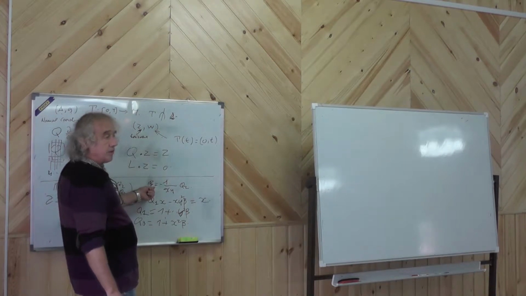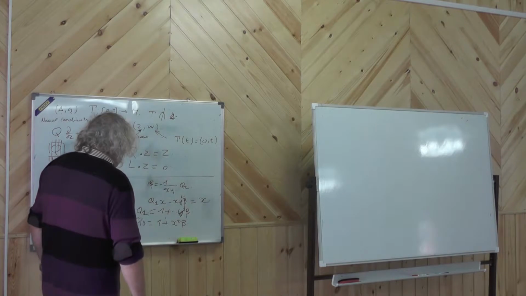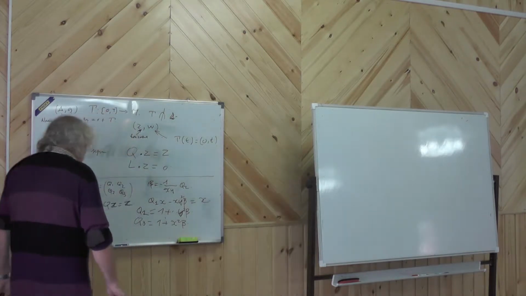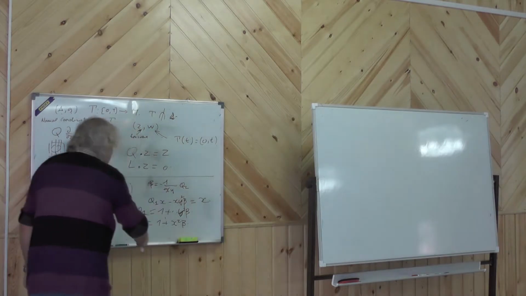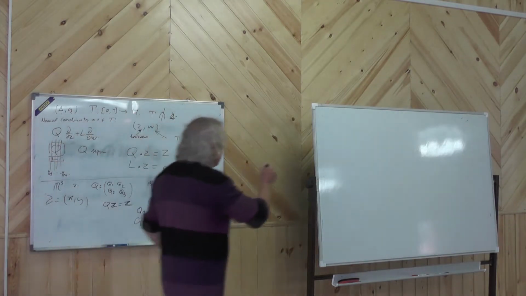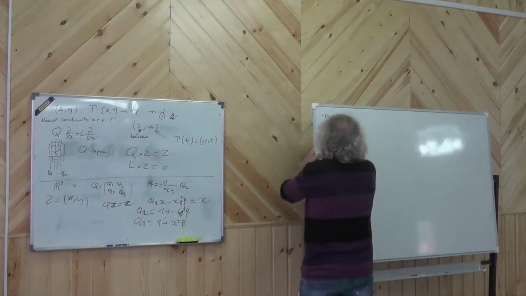It could be non-smooth. But in fact, since Q2 is equal to minus xy beta, you get immediately from this that xy beta, x squared beta, and y squared beta are smooth functions.